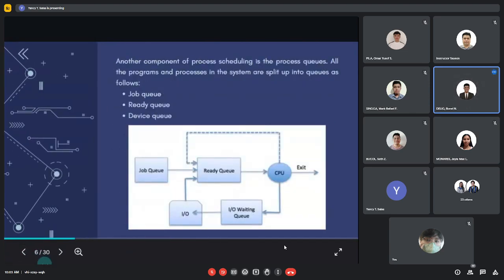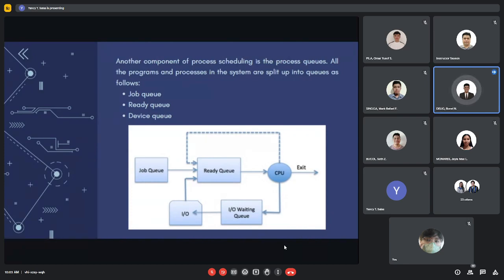Wait, I'm not done. There is also another line that goes to the input-output waiting queue. So there is an instance where our process is executed in the CPU, but the process needs input-output devices. So, that process will be put into another queue, the input-output waiting queue, where it will wait for an available input-output device.